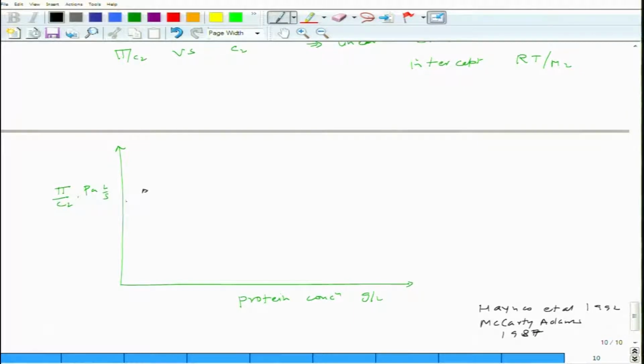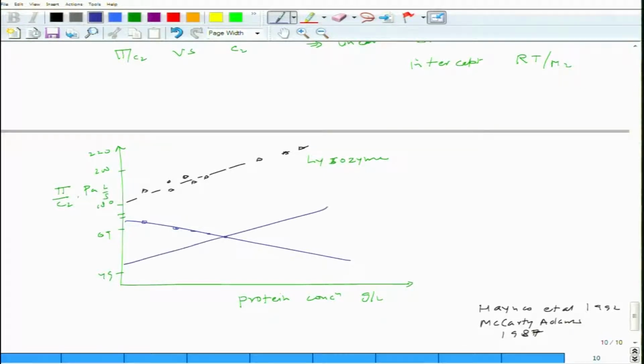So the data are something like this. This is the case for lysozyme, around 180, 200, 220, and this is around 69, 49, and this would be the case for alpha chymotrypsin and this is your ovalbumin, and this axis is around 4, 8, 12, 16, 20.